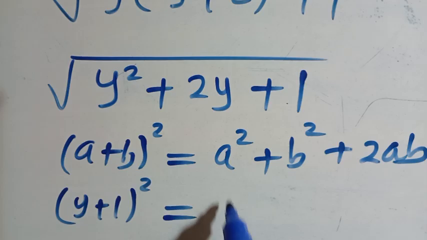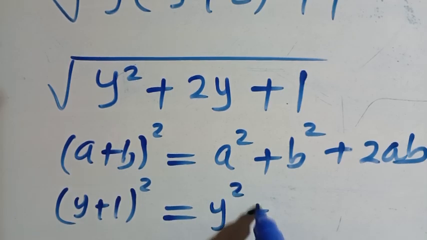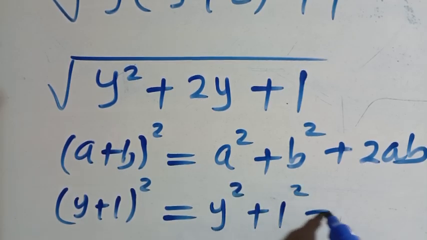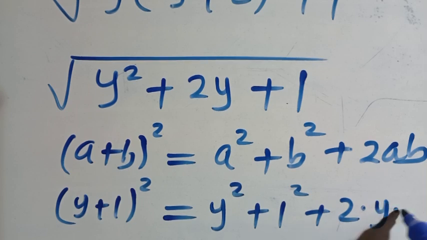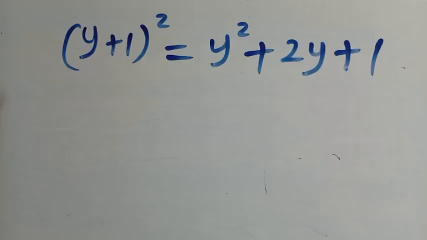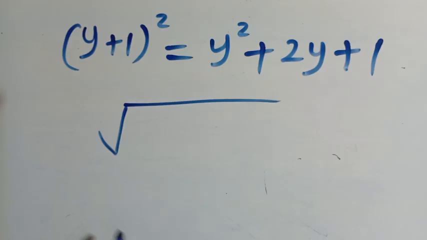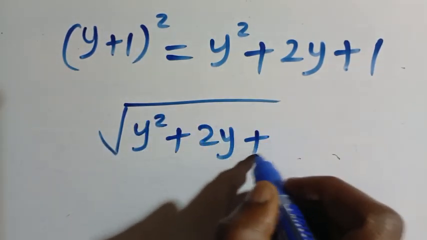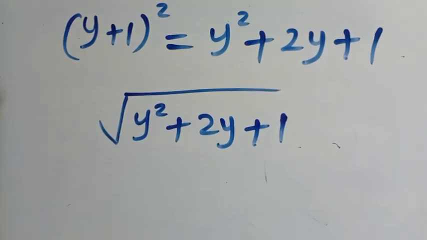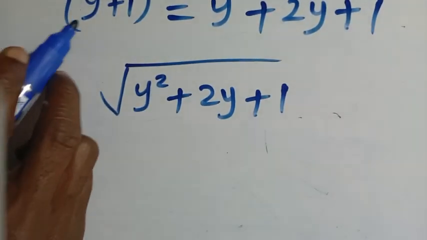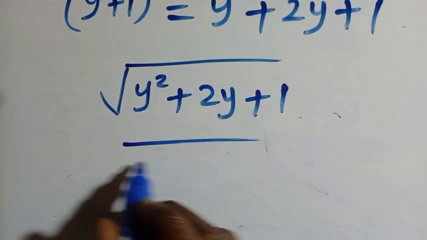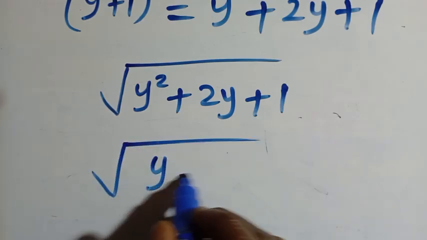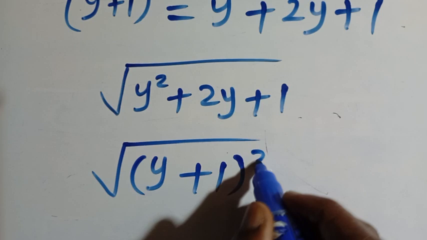This equals y squared plus 1 squared plus 2 multiplied by y multiplied by 1. Here is the expansion that we have. Then we recall that we have y squared plus 2y plus 1, and we replace it with y plus 1 squared. So here becomes the square root of y plus 1 raised to power of 2.